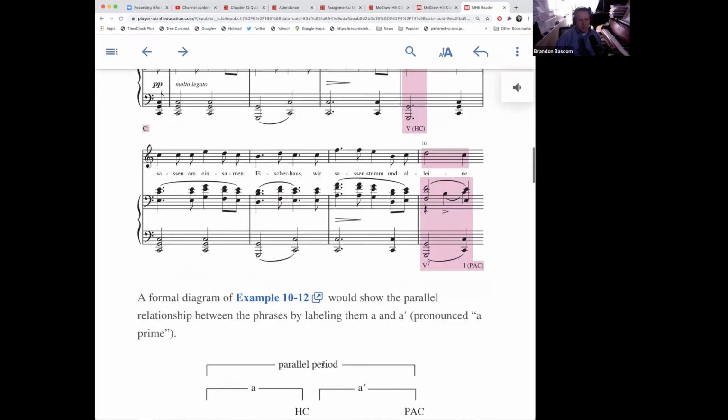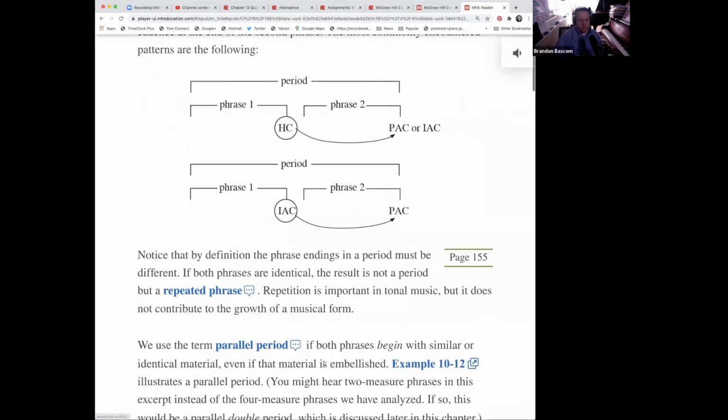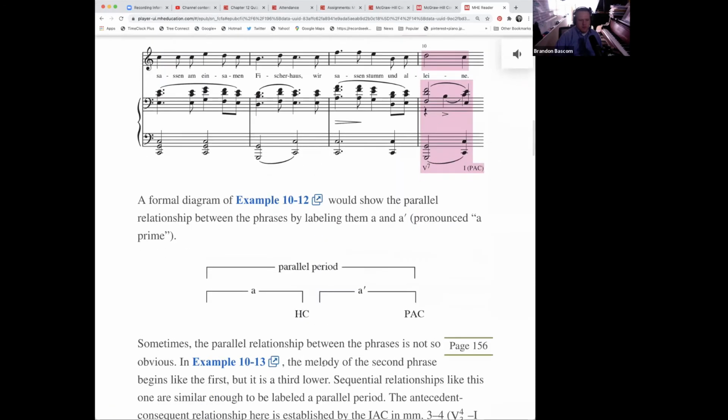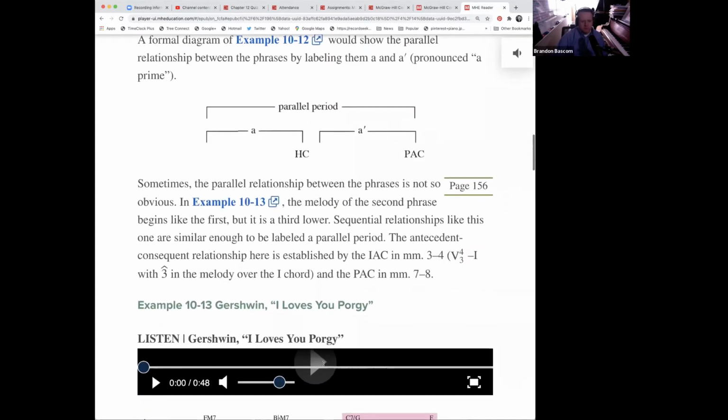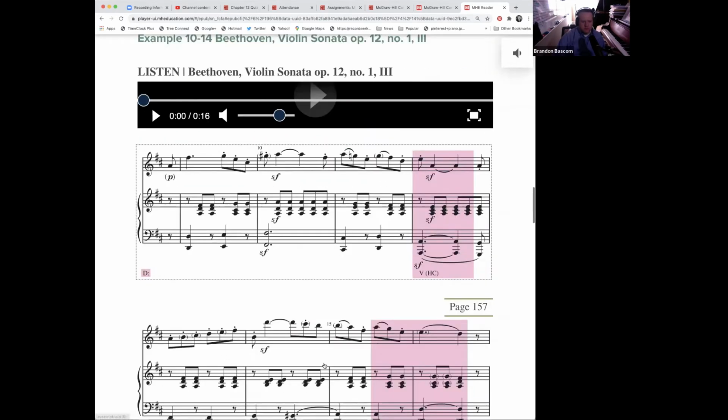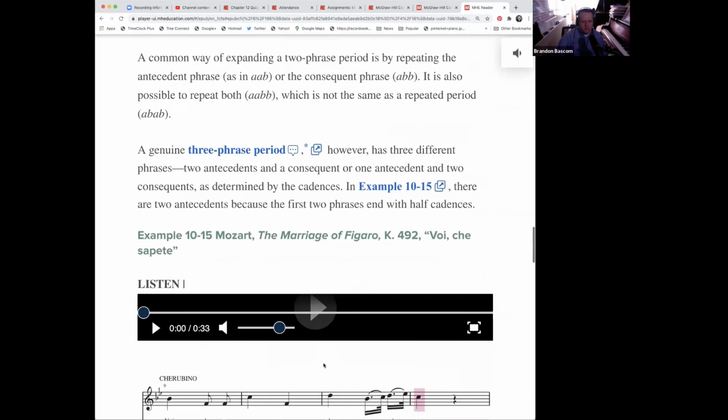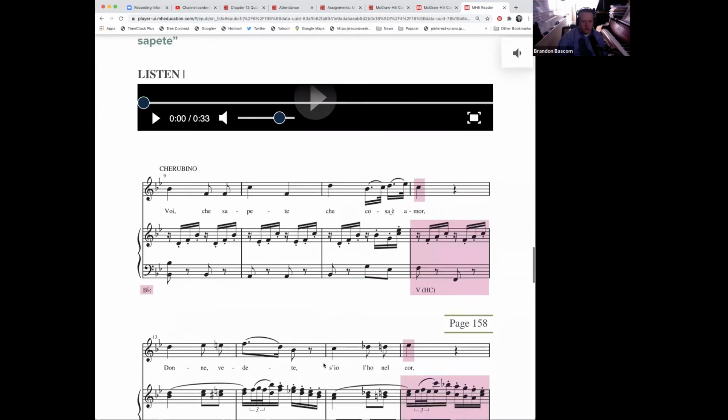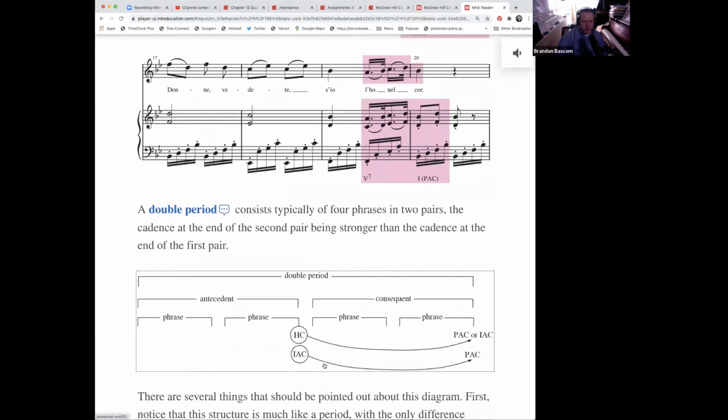Parallel period has A and A prime. You can have a three-phrase period. You can have a double period. Notice it has the antecedent consequent. That's a question, answer. That half cadence is a good sign that you have an antecedent.